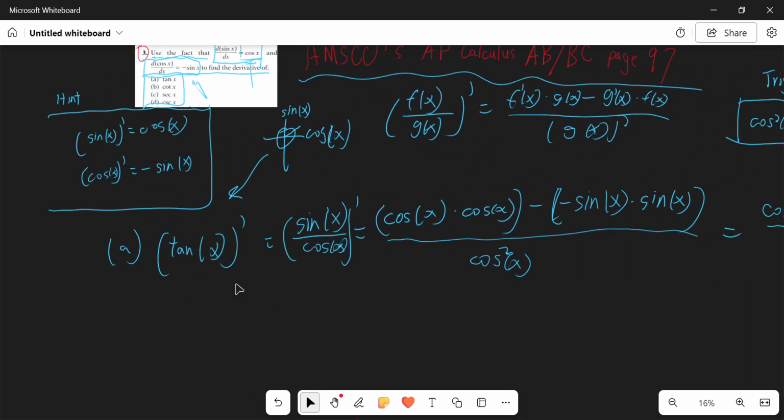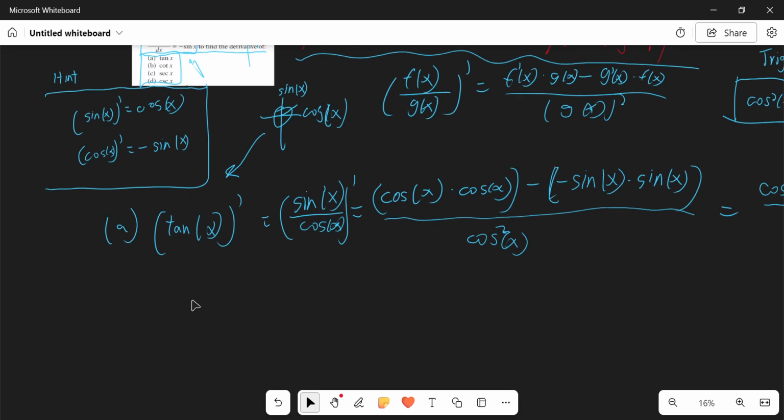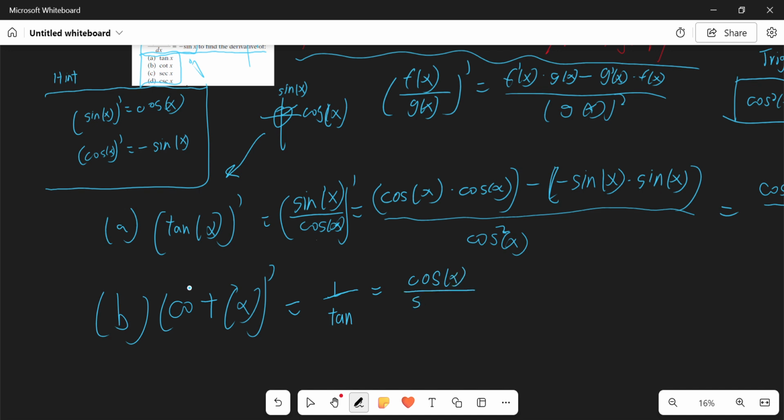This one's A, and we will be moving on to B, which is cot x. This one, same thing. With the trig identities, this equals 1 over tan, and 1 over tan basically flips sine and cosine, becoming cosine x over sine x.